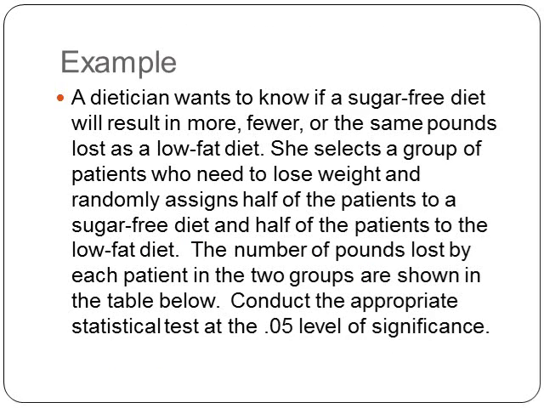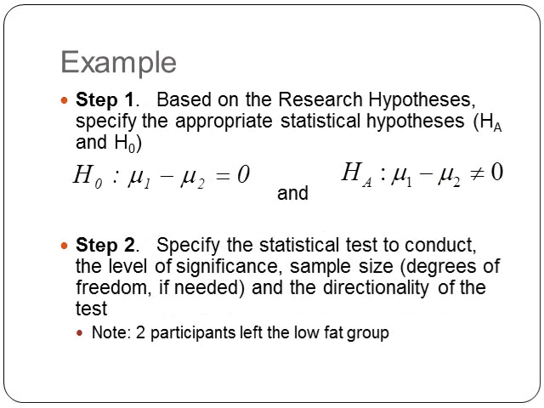So we'll use this example. I'll let you read it, but it's about dieting. We're going to randomly assign two different groups to a sugar-free and low-fat diet, and we're going to conduct a test to see whether there's a difference. We take our statistical research hypothesis and build statistical hypotheses again. Now we're going to see which type of test we're going to use. In this case, we are going to have a non-directional test.